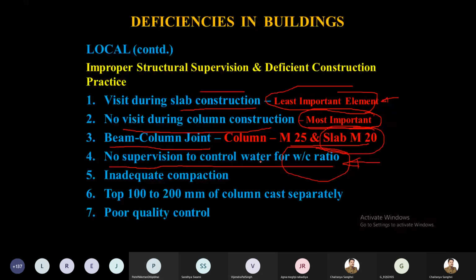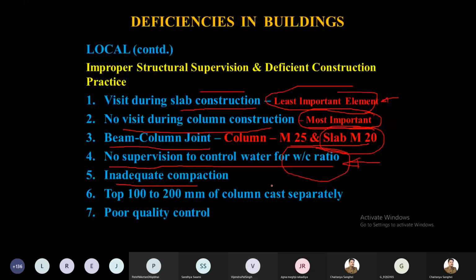Inadequate compaction, right? Now, what is our practice when we go for the column construction? We are preparing the formwork up to the bottom of the beam, and then we are pouring the concrete from that height, right? When you are pouring the concrete from that height, the problem is with the compaction.